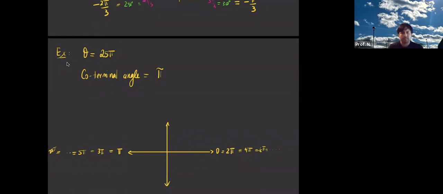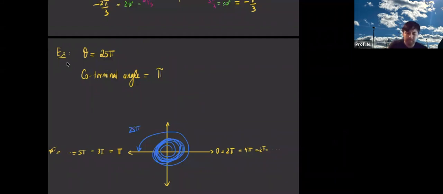Does that make sense? Remember what coterminal means? It just means that it's an angle that represents the same terminal side. So if I go around the circle 12 times, right, this would be 25 pi. But I just want to find another angle that represents that same terminal side.